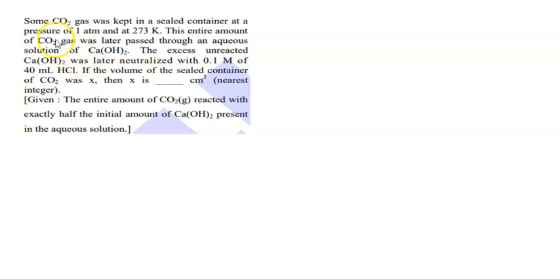In this question, some CO2 was kept in a sealed container at a pressure of 1 atm and 273 K. The entire amount of CO2 gas was later passed through an aqueous solution of Ca(OH)2. The excess unreacted Ca(OH)2 was neutralized with 40 mL of 0.1 M HCl.